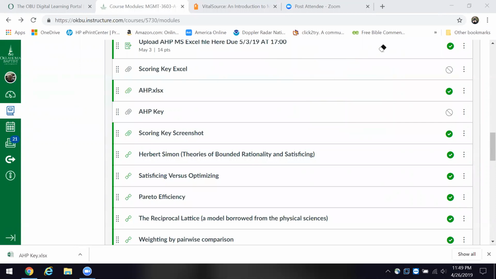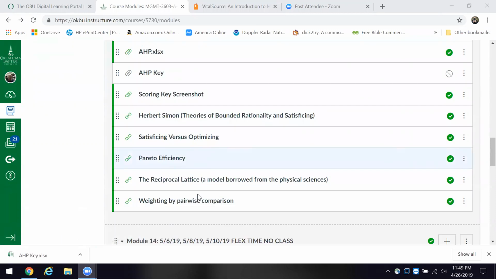And we'll get rid of this. Then I have a resource here about Vilfredo Pareto and what is known as Pareto efficiency. Now, here's a concept. In terms of the scoring model, we borrow from the reciprocal lattice.